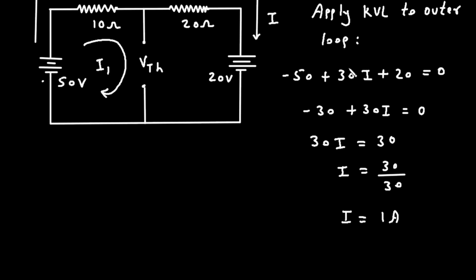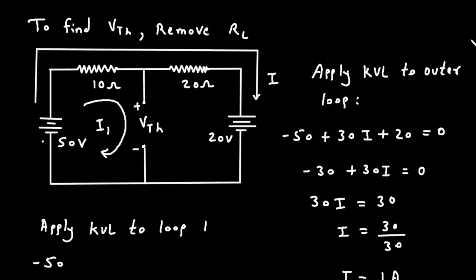Now we will apply KVL to loop 1. This is positive and this is negative. Let's say again we are starting from this point, so it will be minus 50. Then this will be plus, this will be minus. So minus 50, then plus 10 into this current.